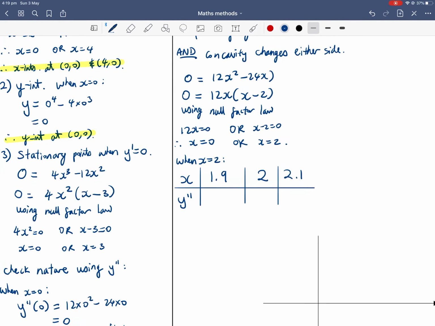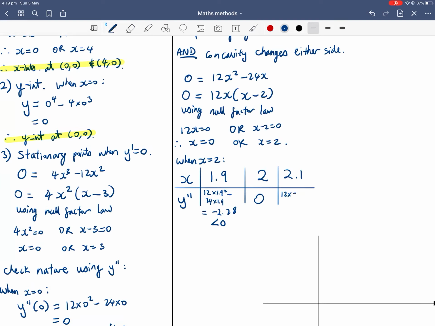I'm substituting 1.9 into the y dash dash. So it's 12 times 1.9 squared minus 24 times 1.9, which gives me negative 2.28, so that's less than 0. Obviously at the point 2, y dash dash is 0 because that's the point of inflection, theoretically.